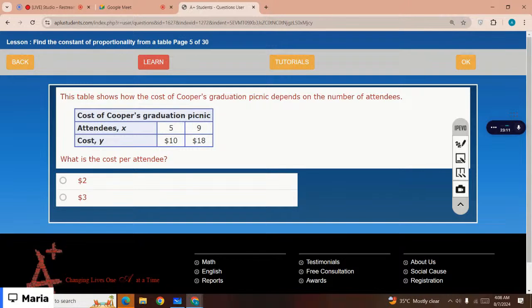The table shows how the cost of Cooper's Kitchen picnic depends on the number of attendees. What is the cost per attendee? Which is the correct option?